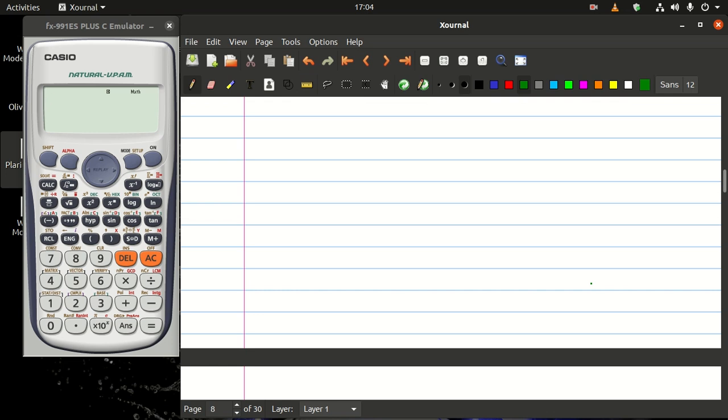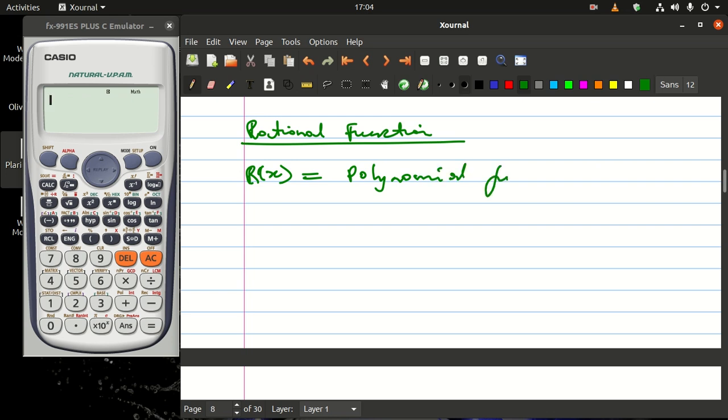Now that we have got polynomials out of the way, we want to talk about rational functions. What is a rational function? A rational function is very simple. R of x: as long as you have a polynomial function divided by a polynomial function.